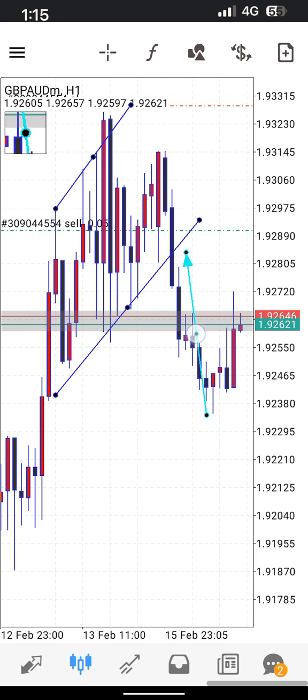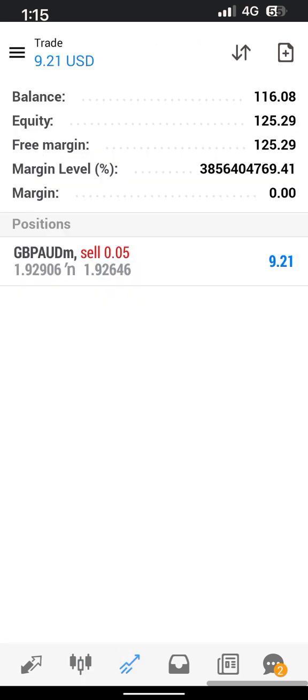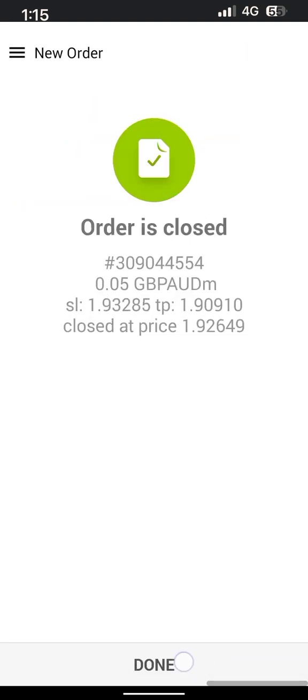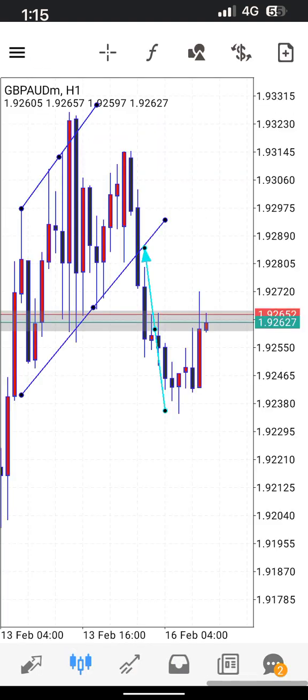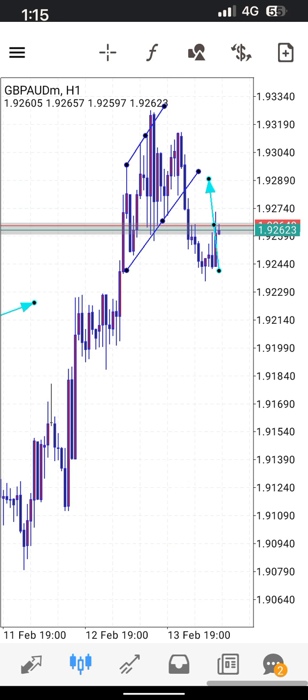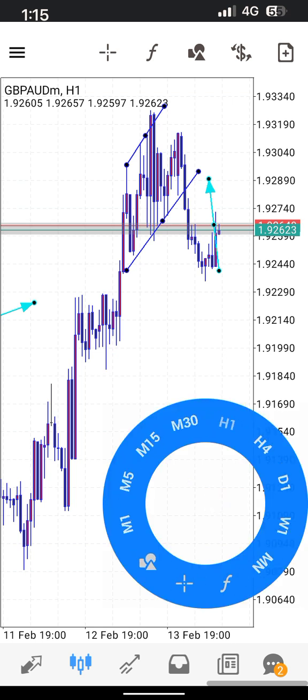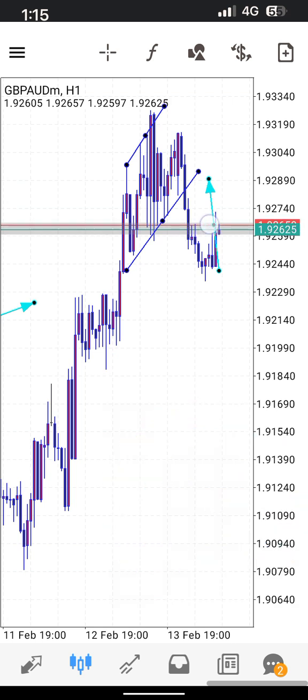So from here up to here, I think the first TP has been reached, and that's why we see that price is reversing. So I'll close out this position at $9 profit, and then I shall be looking for other entries elsewhere. But as you can see, after price reached our first TP, we had this massive push.